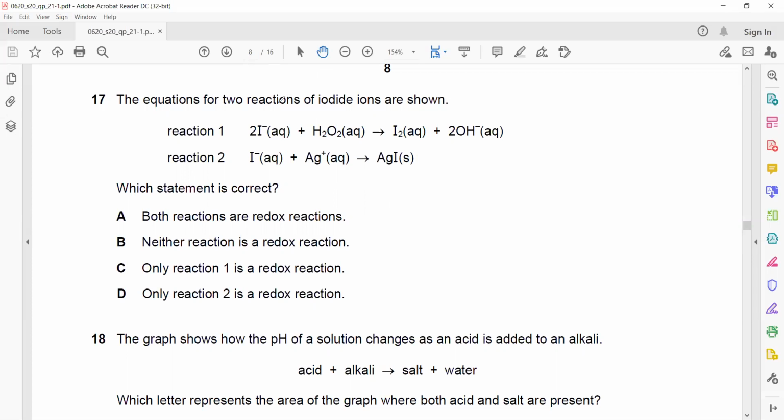Look, when you check the charge, iodide ion and silver ion form silver iodide. So silver is +1 and iodine is -1.